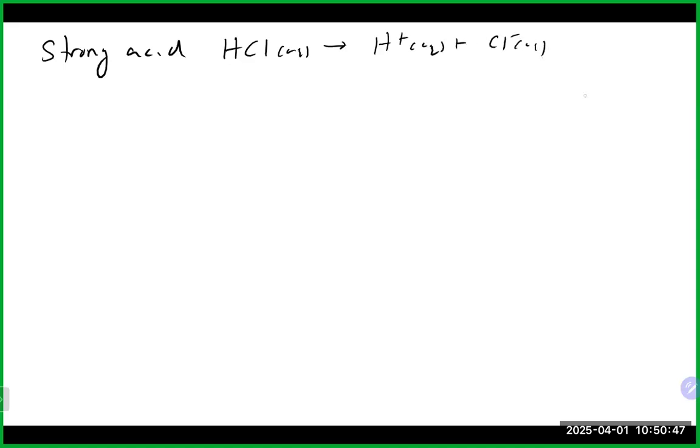So why is that important? Well, for example, if we had a strong acid given to you, say hydrochloric acid, we get H plus and Cl minus in this case. Now, if we know the concentration of this is, say, 0.1 molar, in terms of the pH, it's the H plus concentration that's really important. If we wanted to calculate the pH of this solution, it would be minus the log of the H plus concentration.